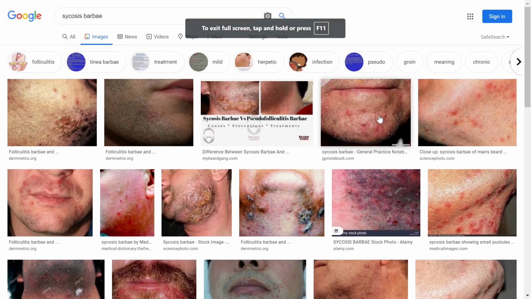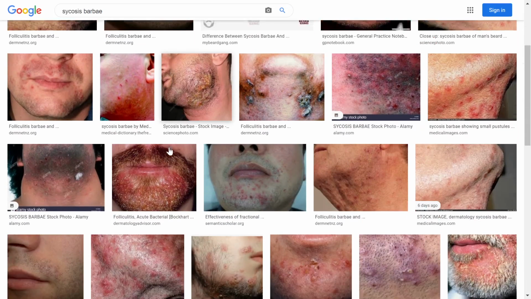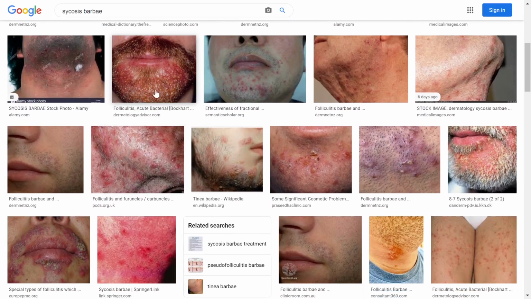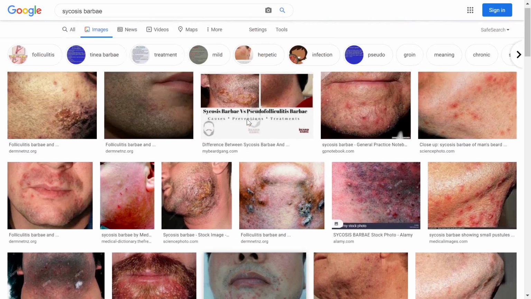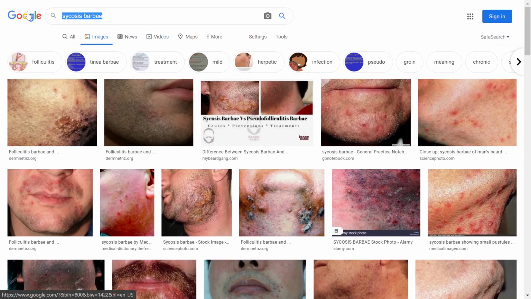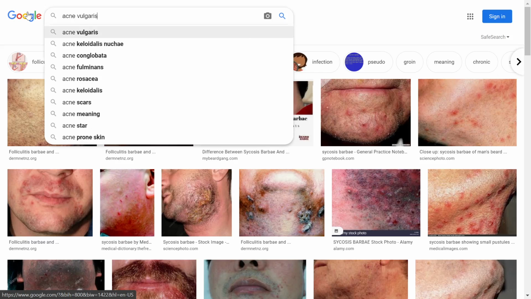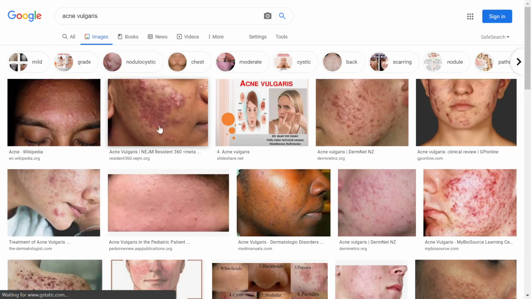You see that there is a curling, mainly seen in those of African descent. If you see acne vulgaris, it is similar to this. So we must differentiate both of these.